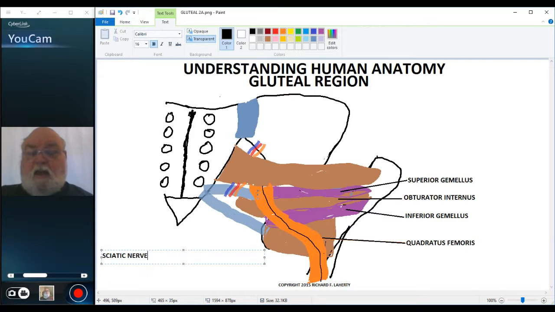And again, the sciatic nerve is made up of the tibial nerve and the common fibular or common peroneal nerves.